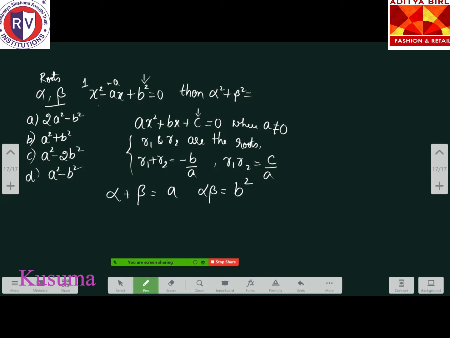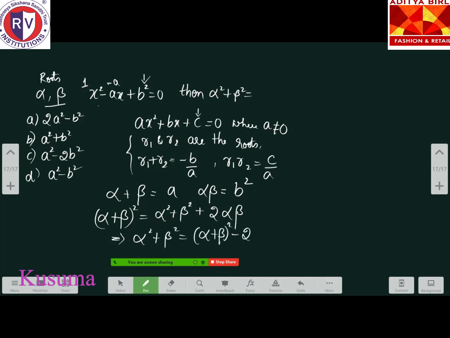Okay. Now we need alpha square plus beta square. We know that alpha plus beta whole square is alpha square plus beta square plus 2 alpha beta. From this equation, we can get that alpha square plus beta square is nothing but alpha plus beta whole square minus 2 into alpha beta. Right?